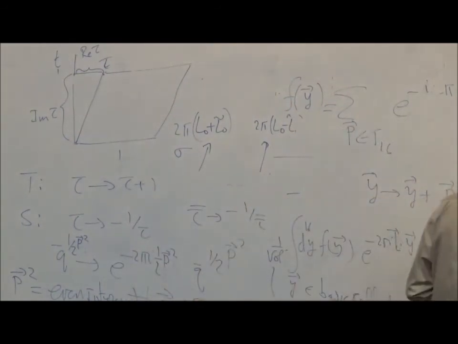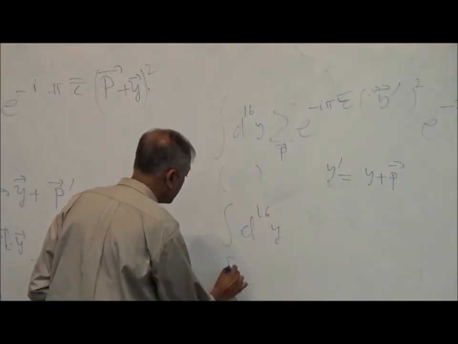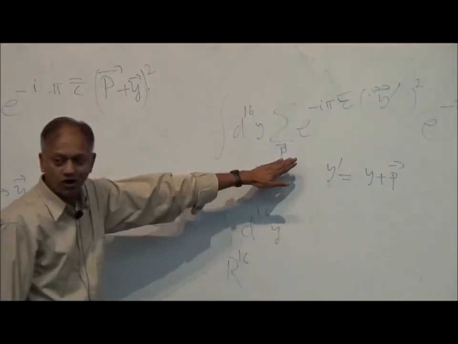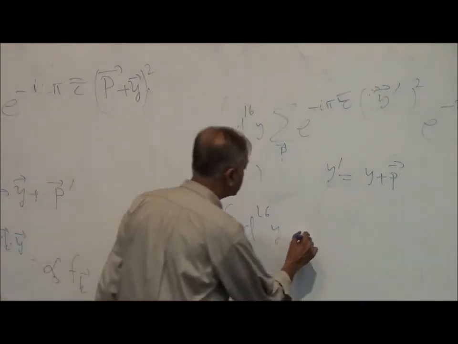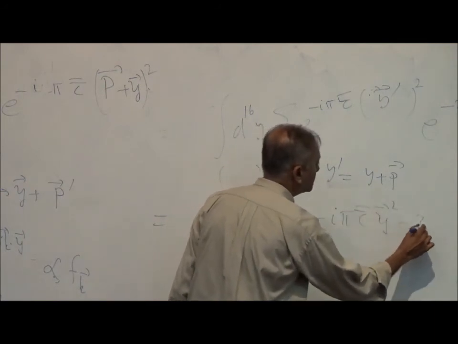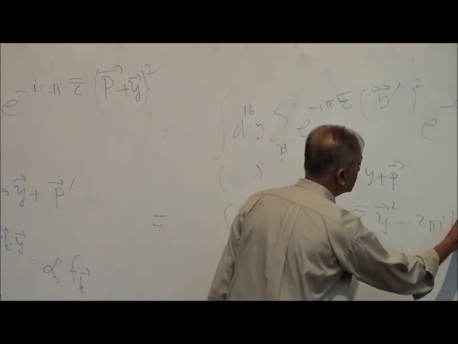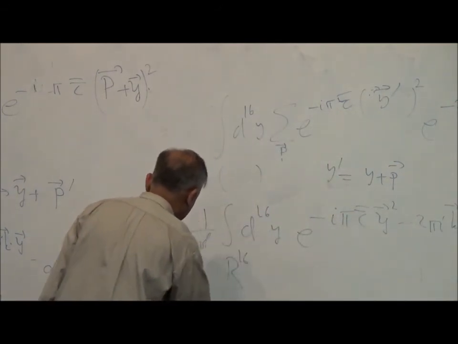So this integral simply becomes d16y over the full R16, and the lattice sum is gone. I've already done the lattice sum. And now it's a very simple Gaussian integral.